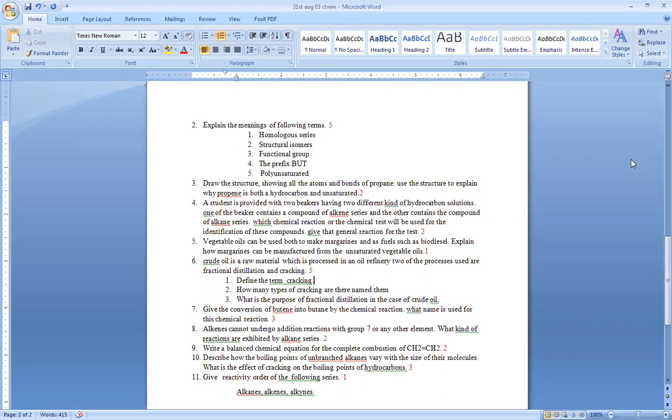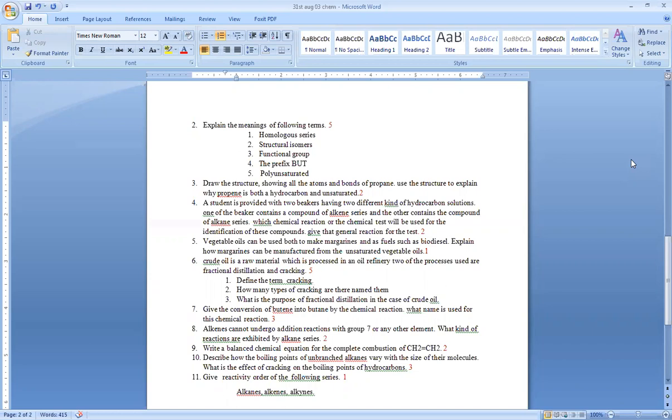The eighth one is: alkenes cannot undergo addition reactions with group 7 or any other element, right? There are so many typing mistakes.